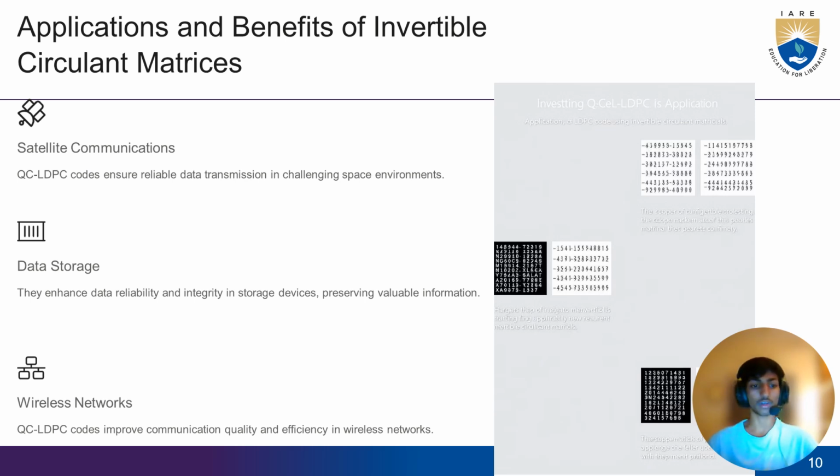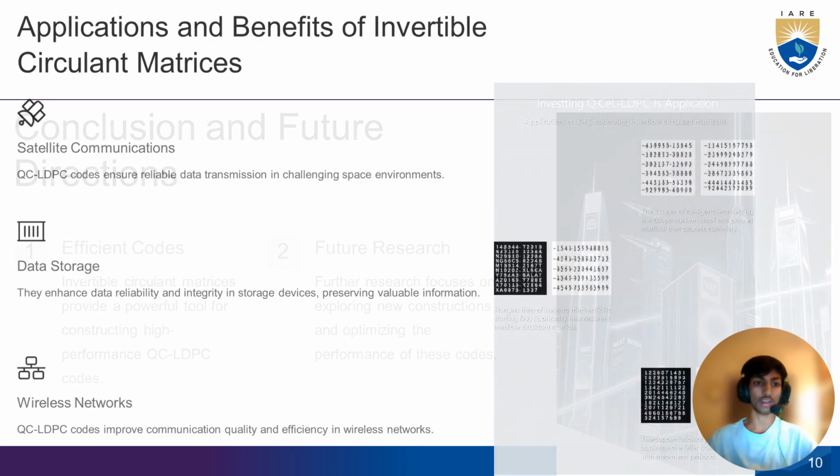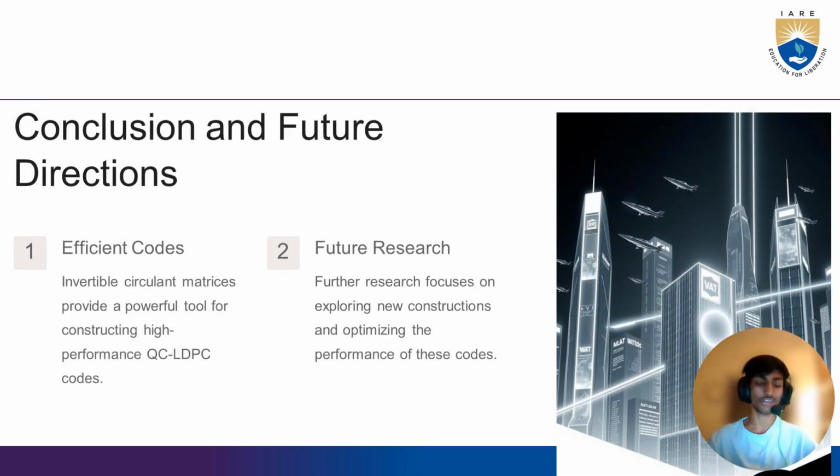In wireless networks, QC-LDPC codes improve communication quality efficiently. As we can see, there are three examples: investigating QC-LDPC, and applications of LDPC codes by investigating calculus and matrices.